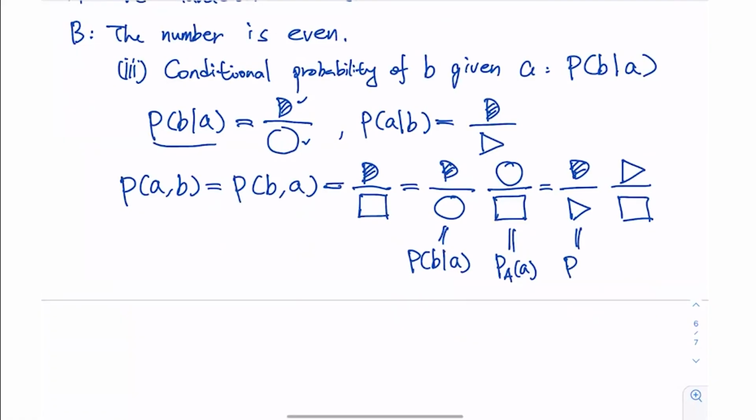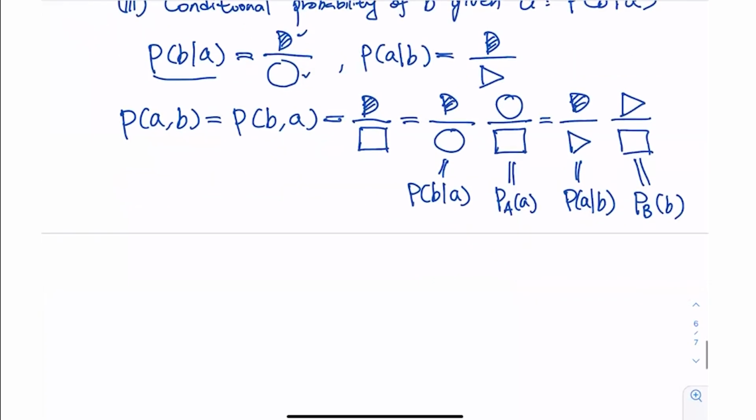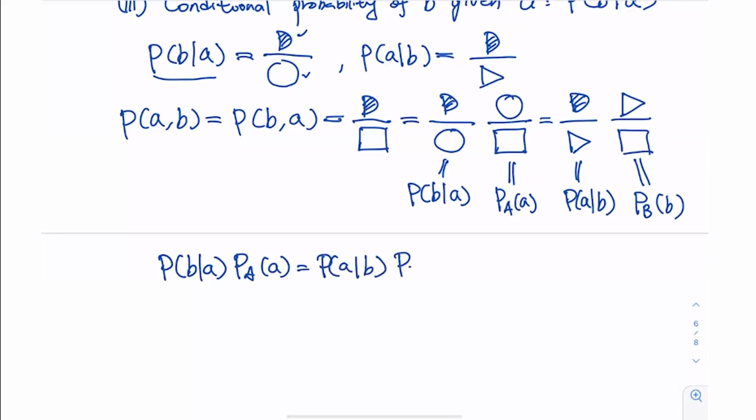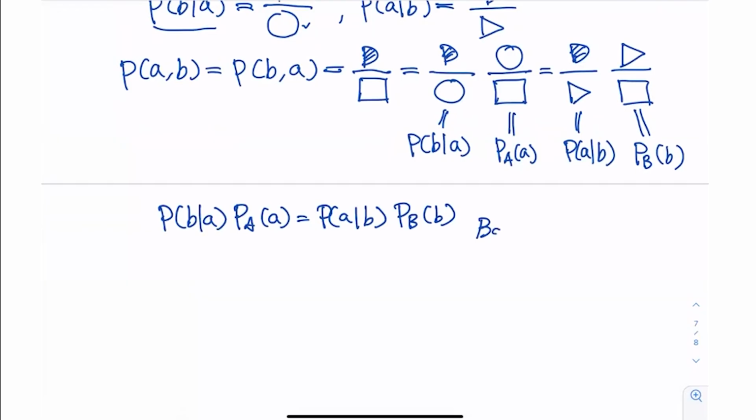This is just the conditional probability of A when B is given, and this is just the marginal probability of B. Okay, so we just derived this relation. And this is the Bayes theorem. Okay.